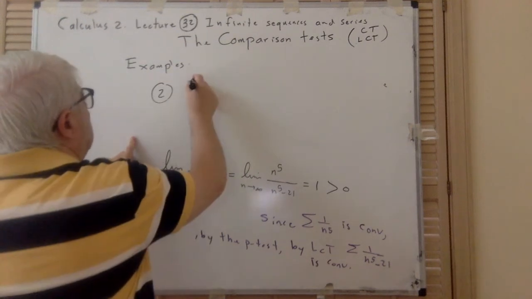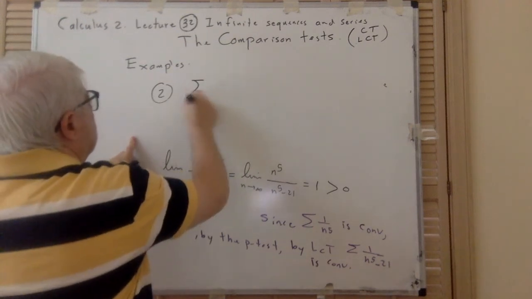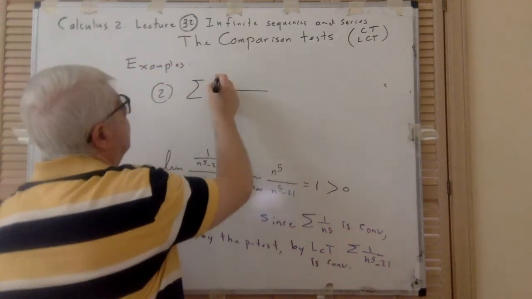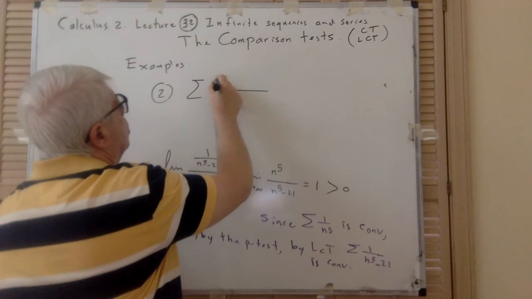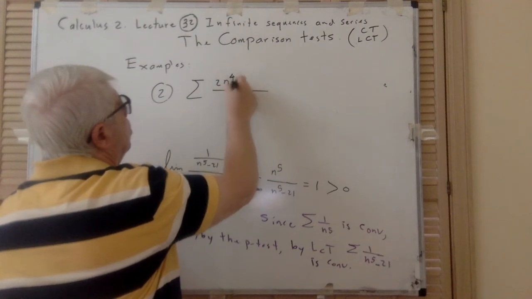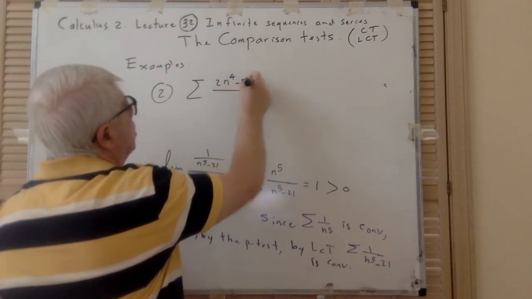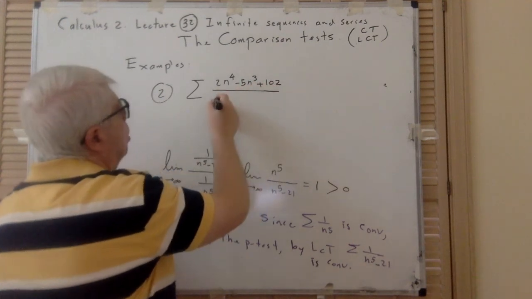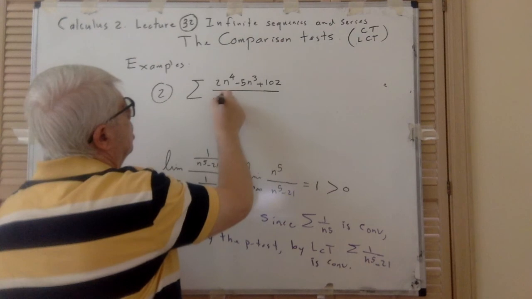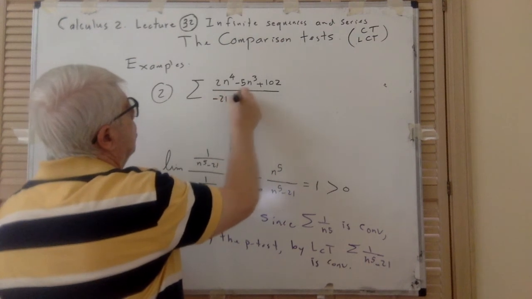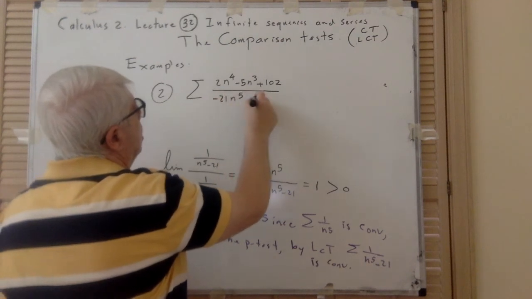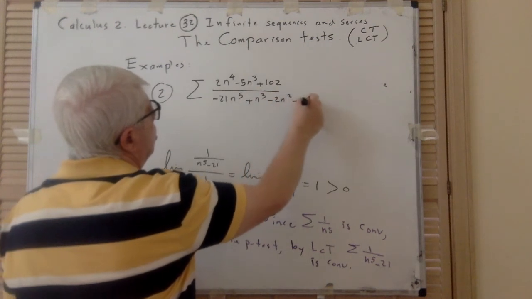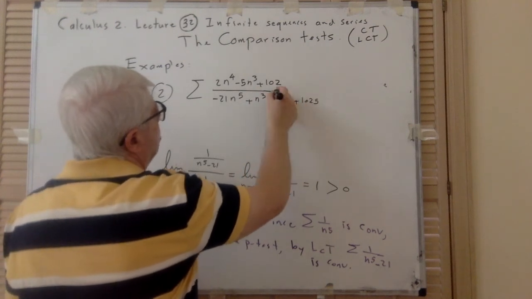So let's say sigma of 2n^4 minus 5n^3 plus 102, say, and the denominator is 21n^5 plus n^3 minus 2n^2 plus 1025, say something, whatever.